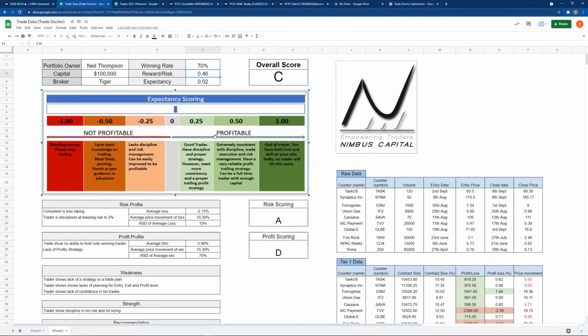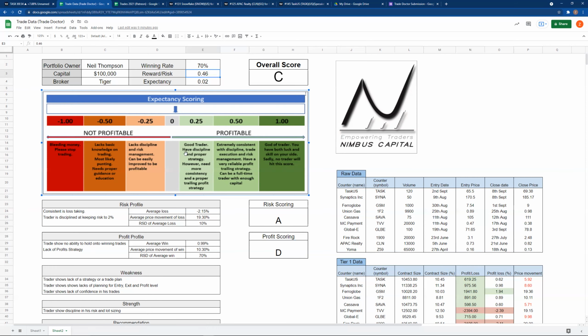So if we use his expectancy value as a scoring, he's smack in the middle at the 0 level. 0 means he is neither making profits nor making losses, so he is neutral. To be neutral as a trader is a very good thing. In fact, if you are neutral, you are better than 90% of the entire retail trader population. So being neutral is actually considered very, very good already.